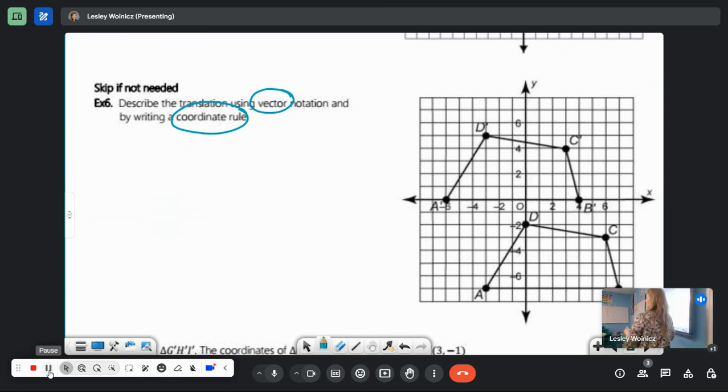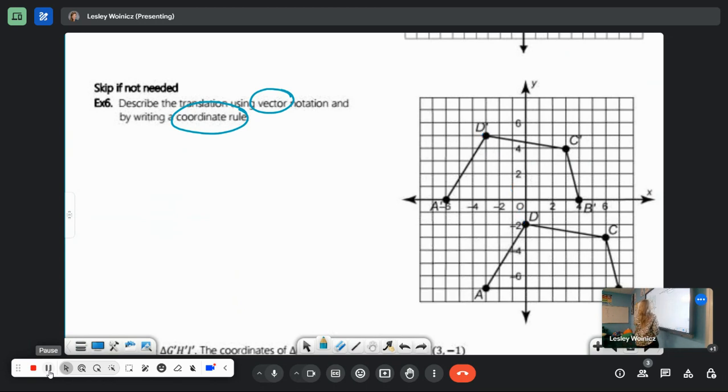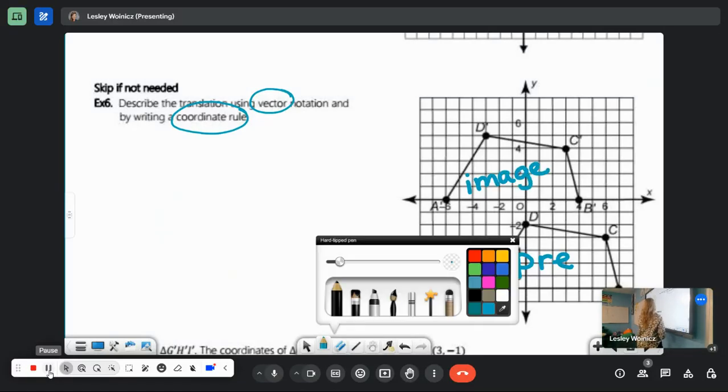So be careful because it's kind of tempting to go, but is that the way I'm supposed to go? How do I know which one is the pre-image? Yeah, the letters have no primes. So this is the pre-image, and then this is the image. So make sure that you are making the correct one, the input and output.